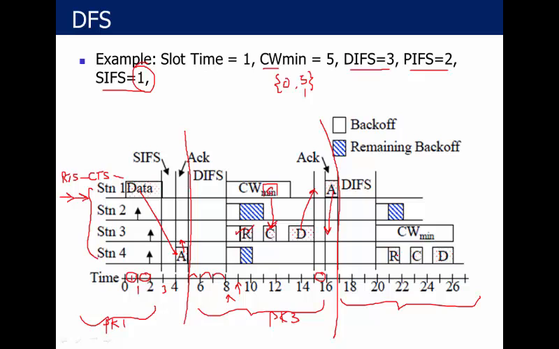And another packet transmission period comes. Before it comes, DIFS is needed. So 3 time slots need to wait. And then along the contention windows, it may be picked up. Station 4 is picked up.